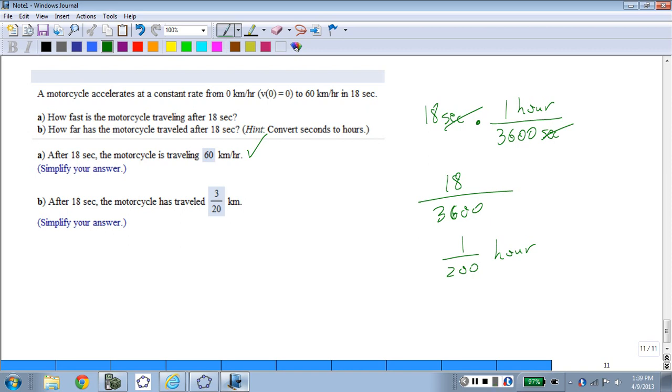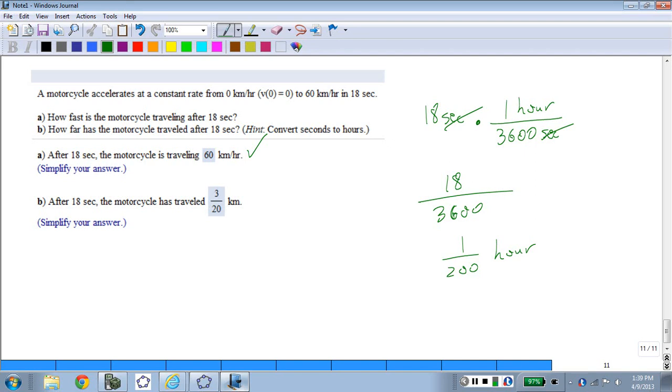But what we want to do is integrate the acceleration function, and know how to integrate the velocity function.